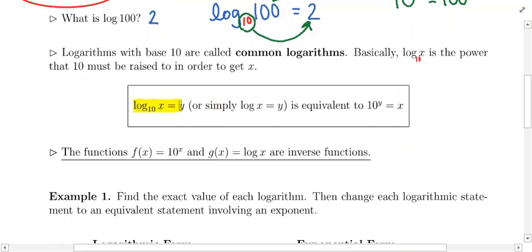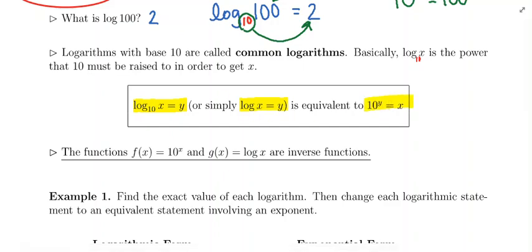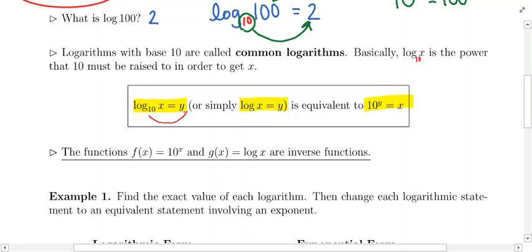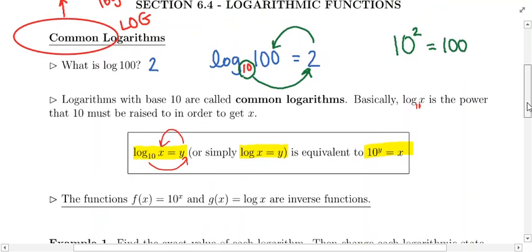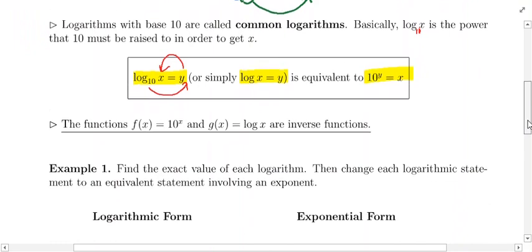If you see a statement like log base 10 of x equals y, or more commonly, without the base written, log x equals y, that just means that if you take the base, which is 10, and raise it to the y power, you're going to get x. So these logarithmic statements are equivalent to 10 to the y power equals x. The arrow thing is super helpful for logarithms.